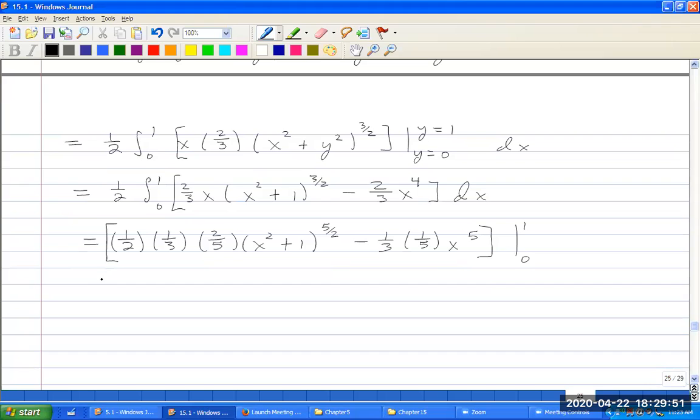Okay, so this is equal to, the 2's cancel, so that's 1/15. Plug in 1. So that's 2 to the 5/2 minus 1/15, 1 to the 5th.